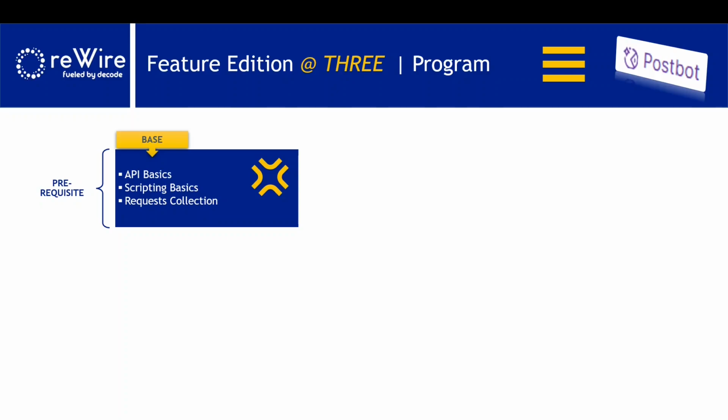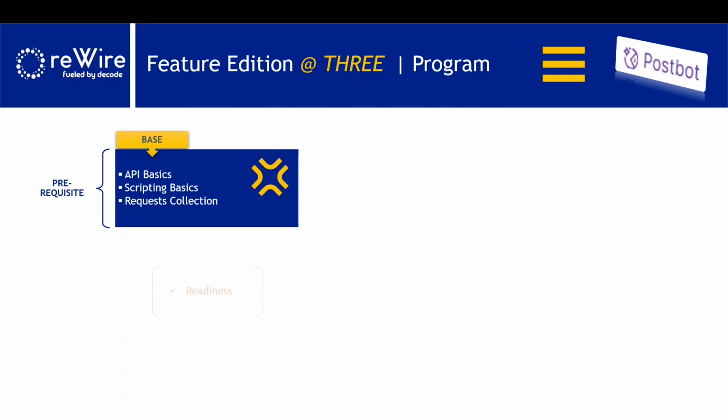Before starting the generation of scripts using Postbot, one should have these things so that they can generate the output effectively and review it as per the standards, ensuring that it meets the required quality standards and is ready for publishing of the particular test suite.